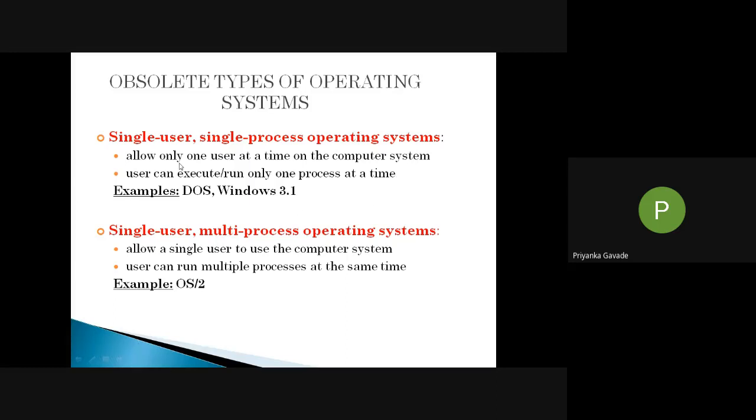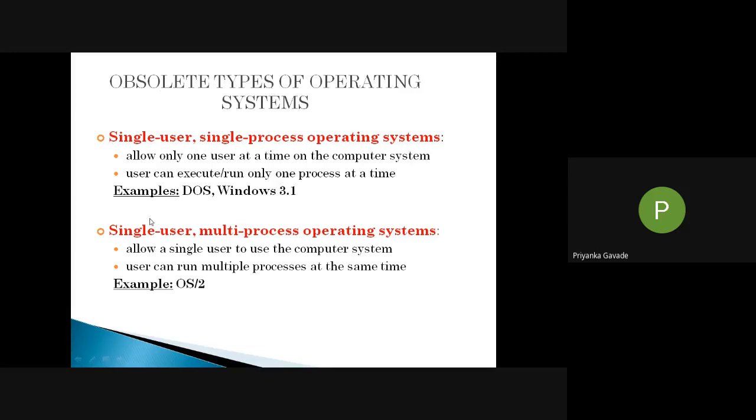The user becomes the sole owner of the computer system and he can execute only one process at a time. Therefore we call it single user, single process operating system. 25 years ago we had DOS. Now we have Windows and a series of Windows operating systems. Windows 3.1 among the Windows series is a single user, single process operating system, right?